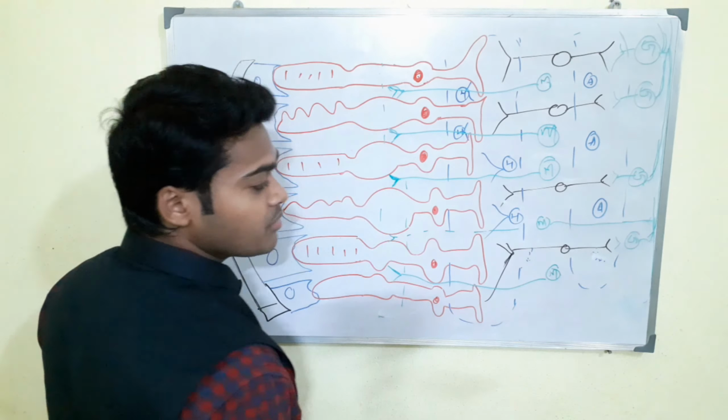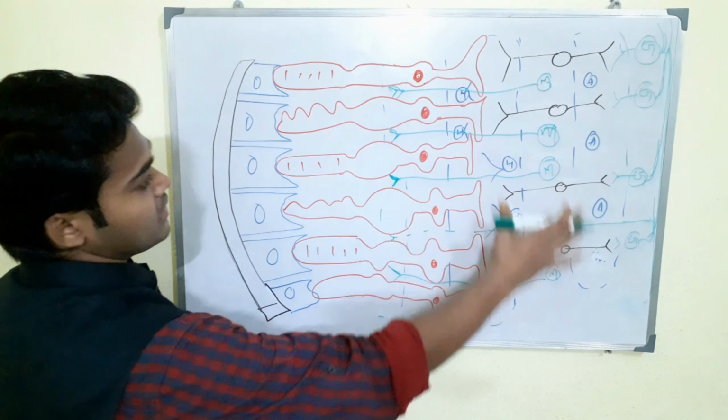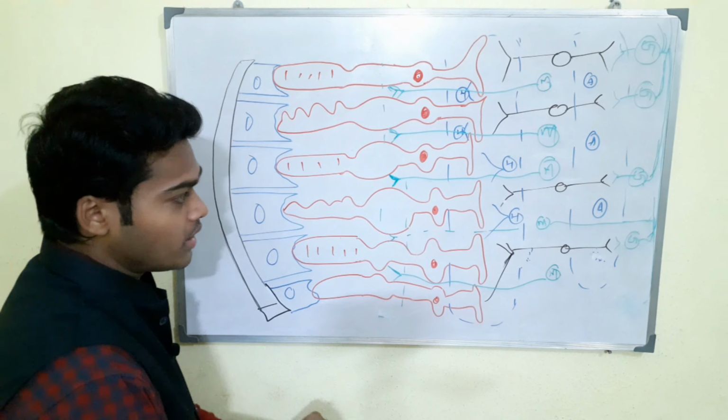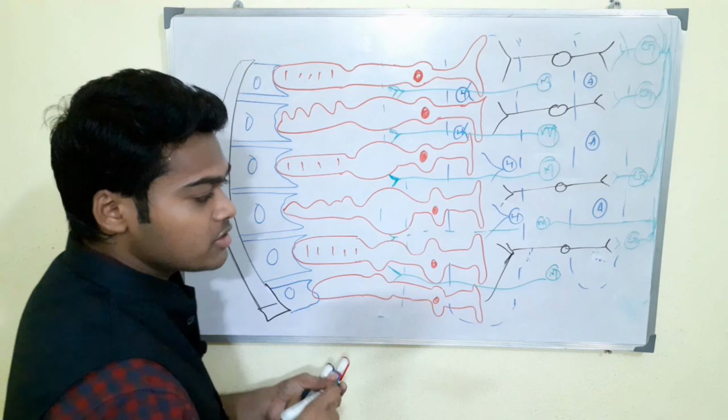Why do they form a limiting membrane? Basically the gap is filled up, just assume it. I will show you in the next part; I will reduce this picture and then show you what is actually happening.